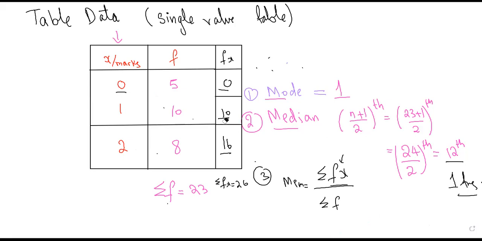Yes, Saneem, are you there? Yes, sir. Okay, very good. So the fourth is the range. How do we find range? We find range by doing maximum minus minimum. Okay, maximum marks are 2, minimum marks are 0. So the range would be 2.